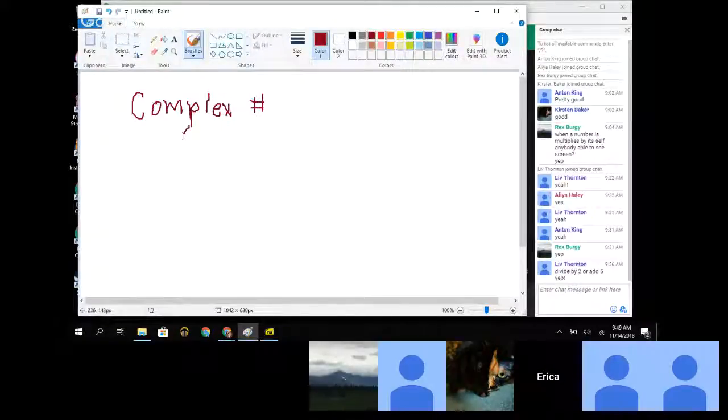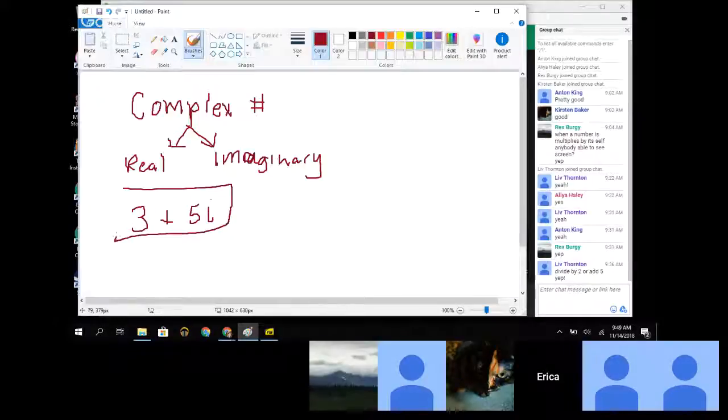A complex number has two parts: it has a real part and it has an imaginary part. So a complex number could look like this: 3 plus 5i.